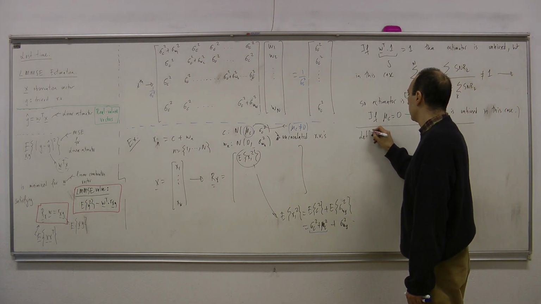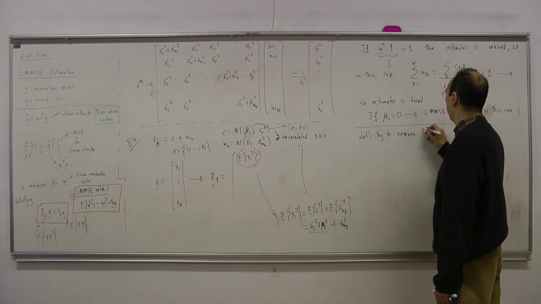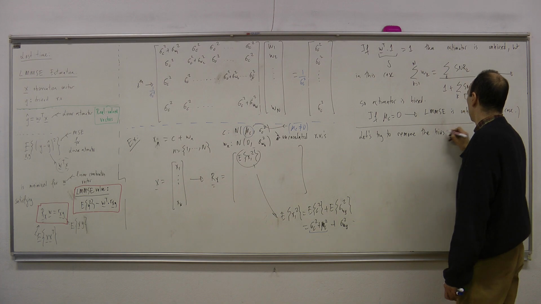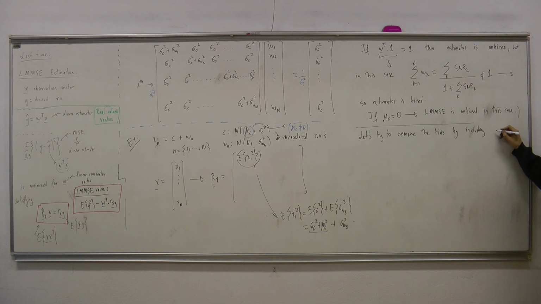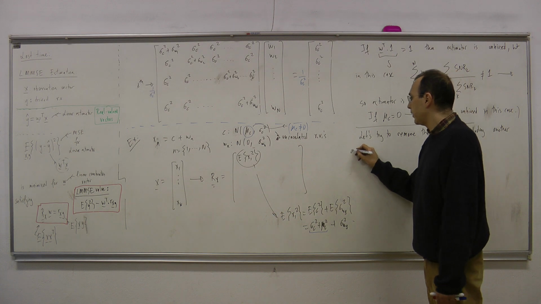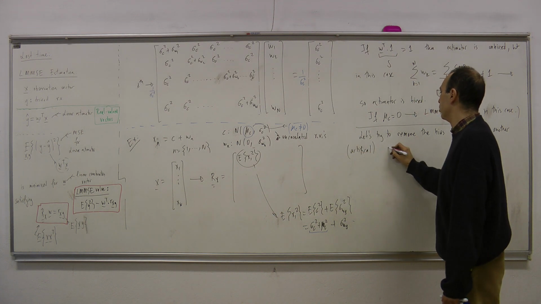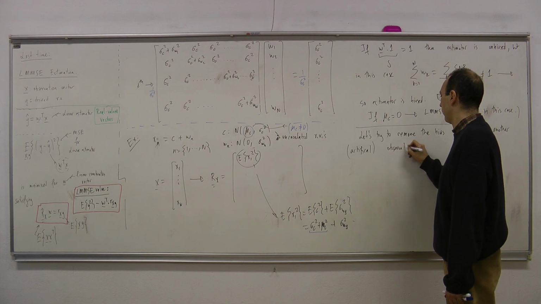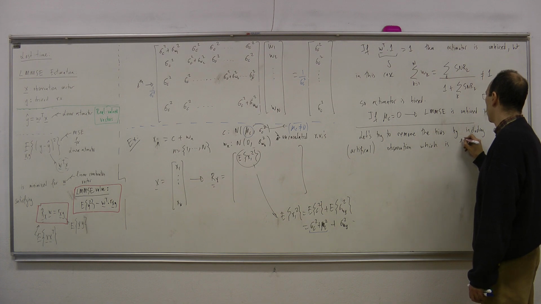So let's try to remove the bias by including another, let's say, artificial observation, which is just 1.